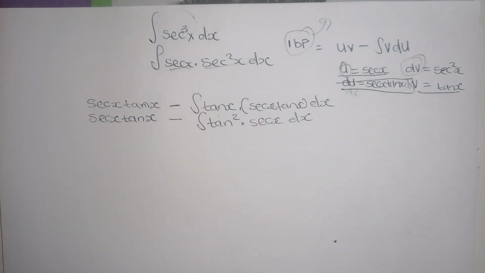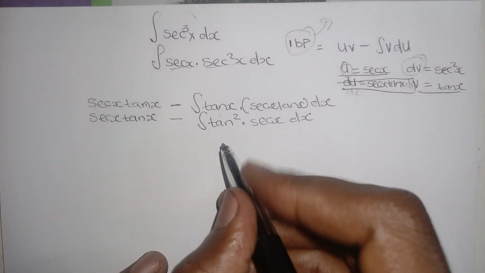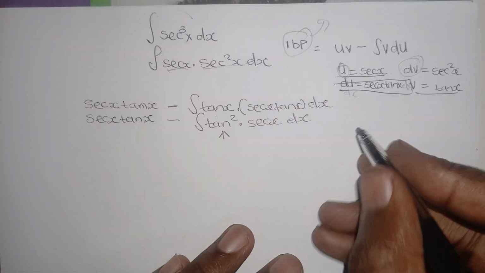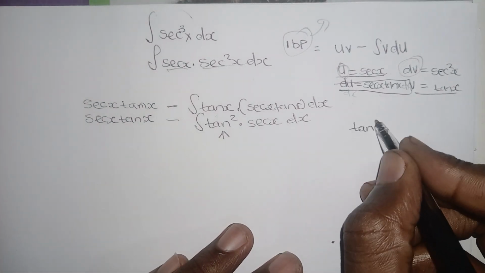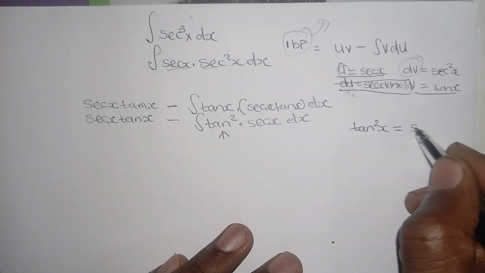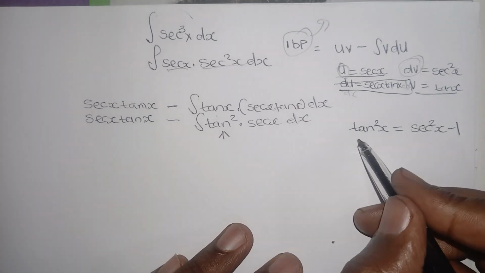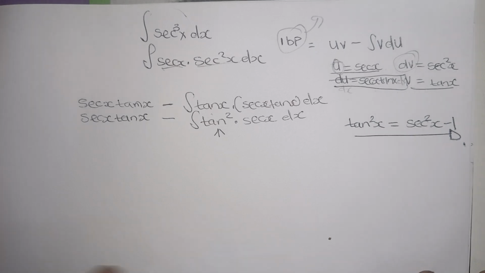Now we have to change this into secant squared minus 1, right? So basically tan square x is equal to secant square x minus 1, right? This is it.